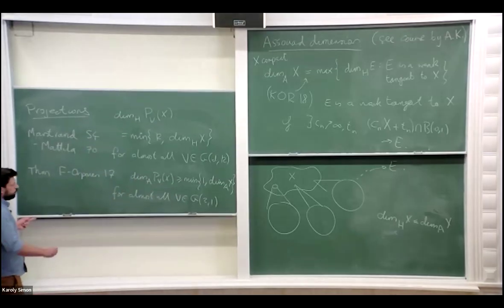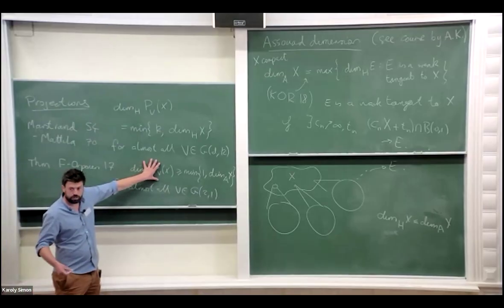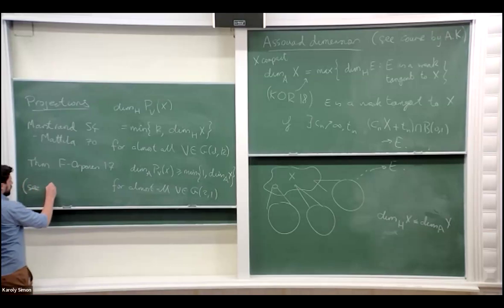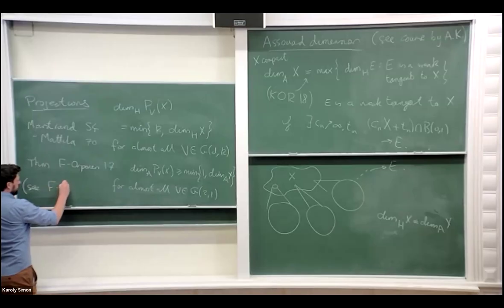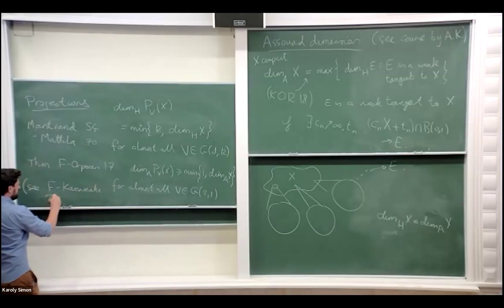And if you want to know how bad the behavior of this number as a function of V can be, then the answer is it can be really bad. And this is something that I studied in depth with Antti Käenmäki, I think it was published in 2020.